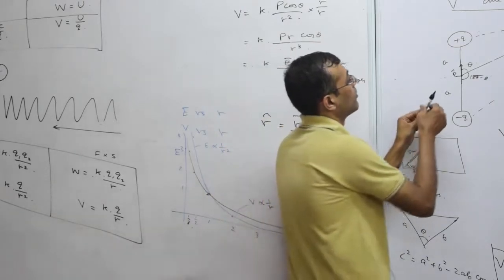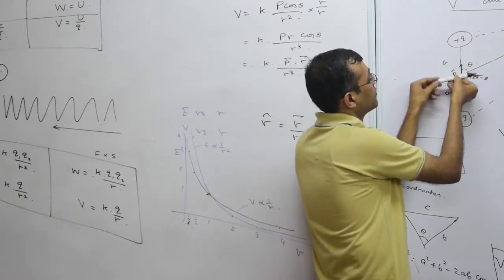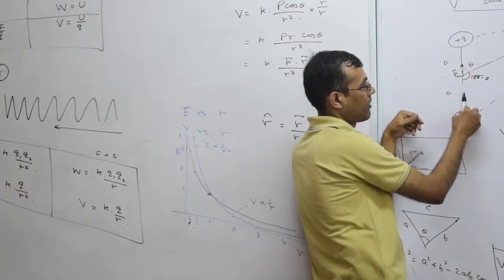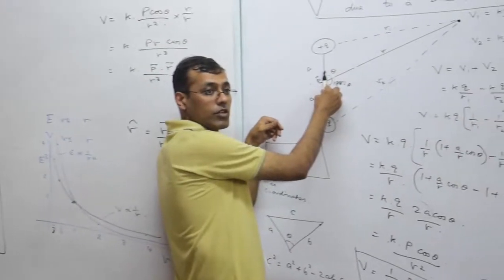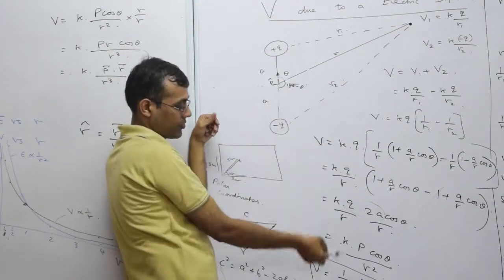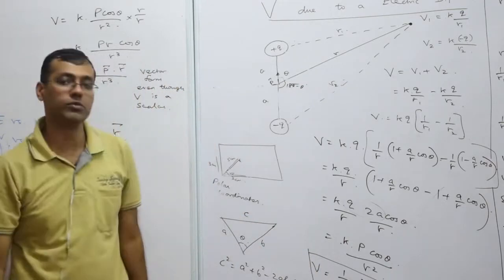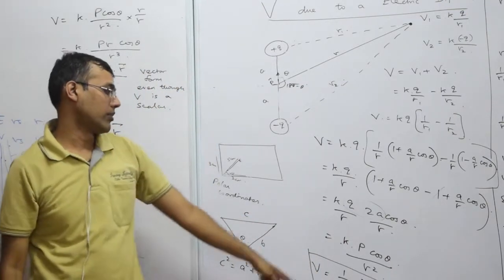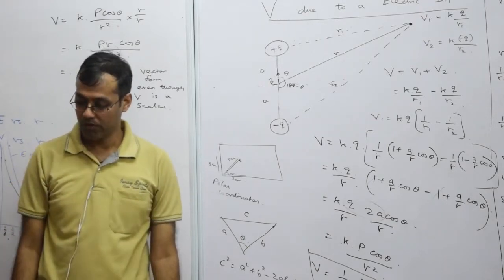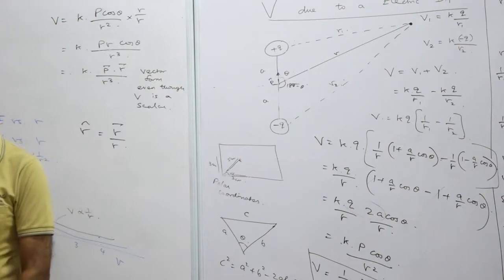So what will be the angle when it is the axial line? From here it is theta. So if it is the axial line, what will be the theta? 0. For equatorial it is 90. So substitute it here and tell me what is V on the axial line and V on the equatorial line. Write yourself.